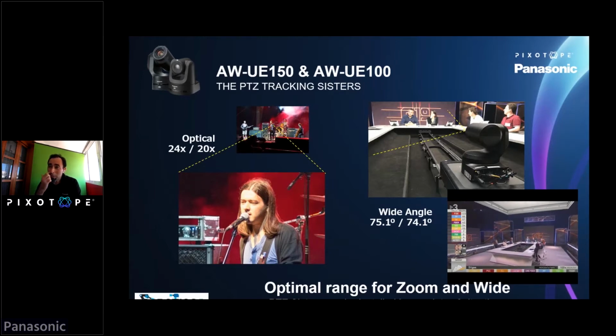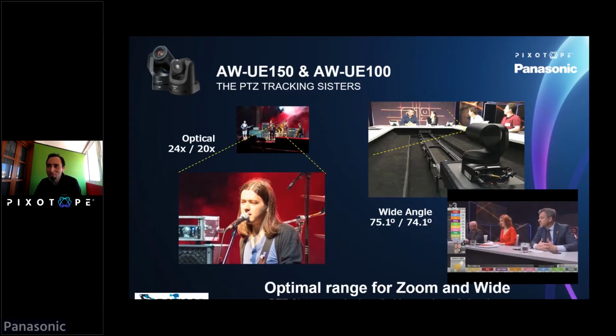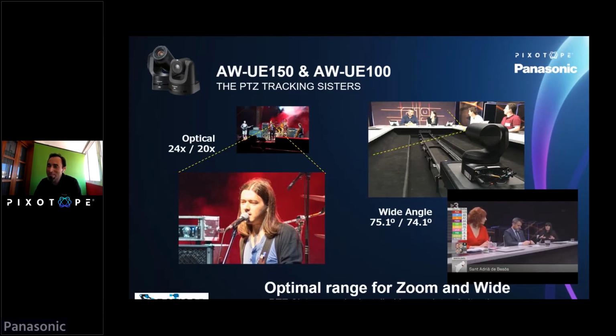But also on the other side, you see the camera mounted on a dolly on a table. So the camera is about 1 meter away from the talent, from the people talking around the table. That was an election program in Barcelona some months ago. And as you can see, we still can have a nice shot, not only of one face, we can have 2, even 3 people in the same shot.